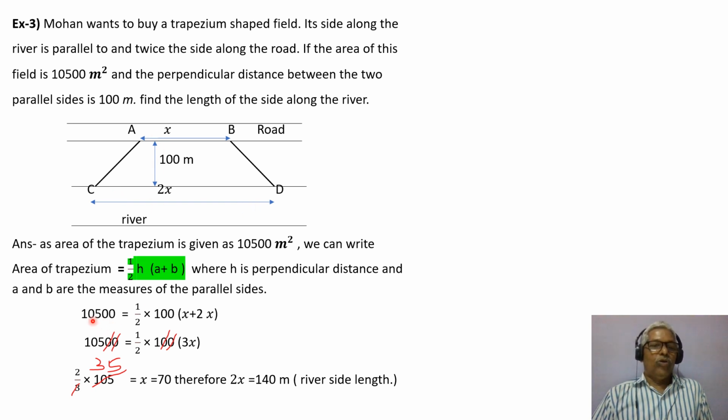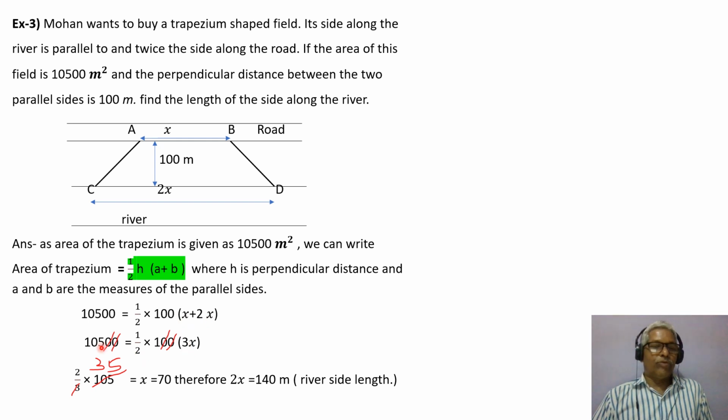Okay, so a total here is given, 10500 equals half into h, which is 100, into, this will be x, and this will be 2x. We have to add x plus 2x. Then we will get the value of x. So if you calculate it, these two zeros will go, and this will be 3x.